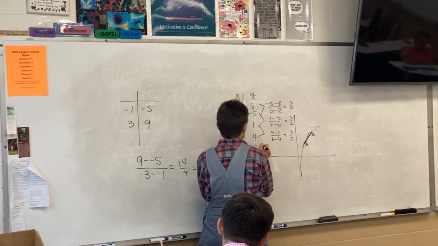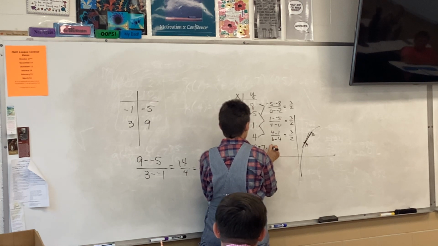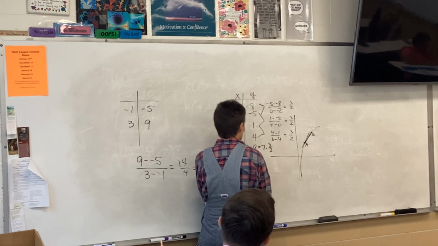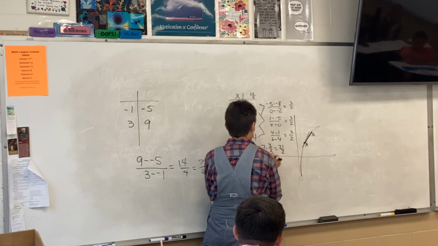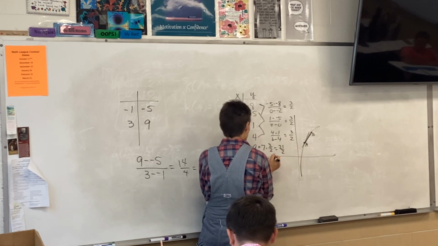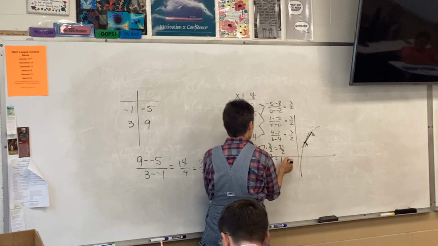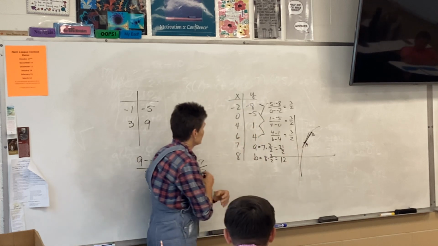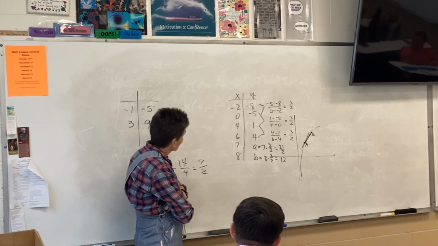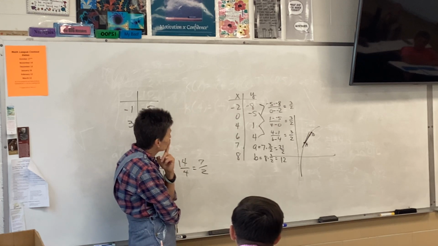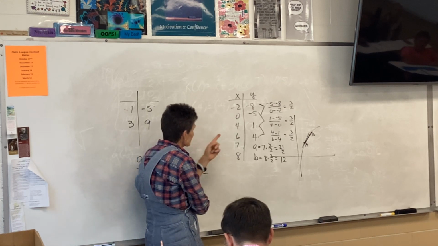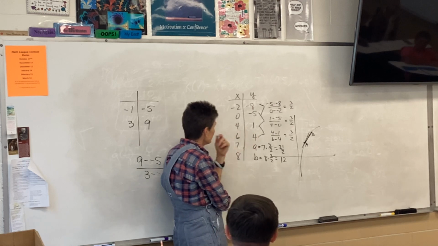So this number right here is going to be 7 times 3 halves? Yep. So 21 halves? Yep. And this one is gonna be 8 times 3 halves, which is 12? Is 4 times 3 halves 1?